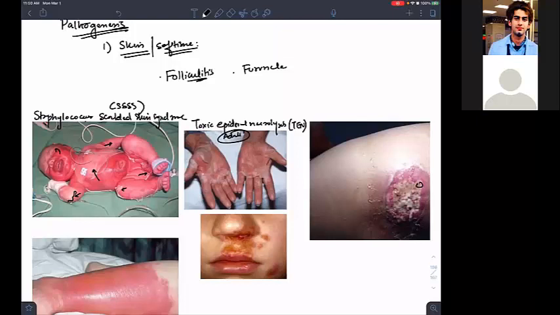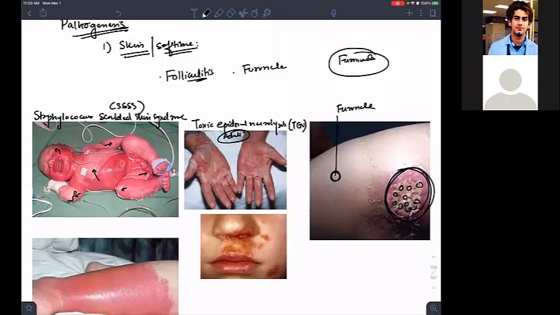Can you see multiple, this big? If you have a localized abscess, one infection, we say it is a furuncle. But if we have many collections of furuncles, that becomes a carbuncle. How I remember it: furuncle is an uncle.